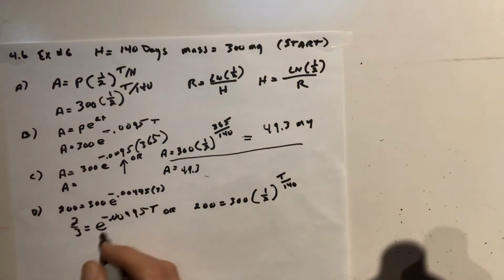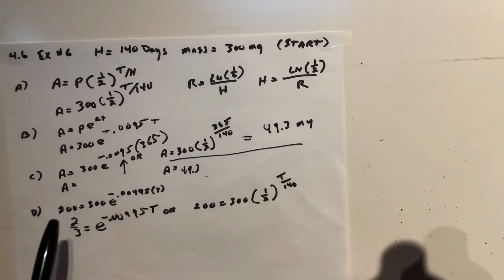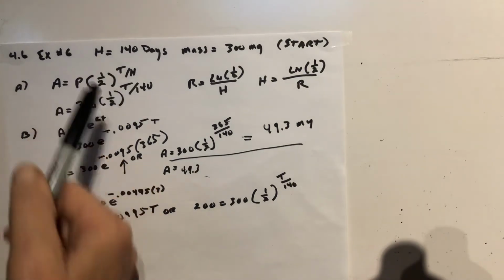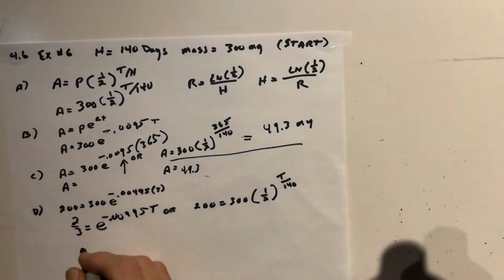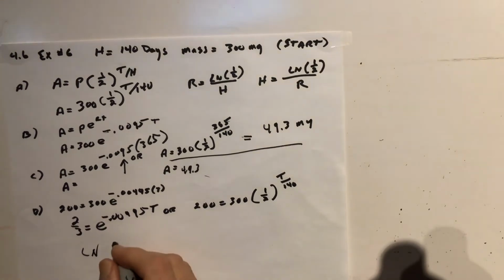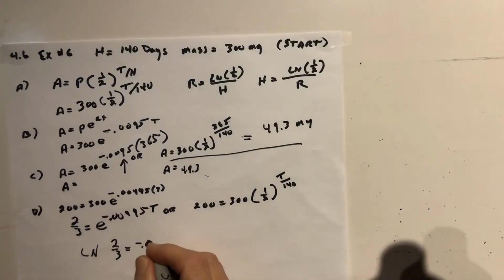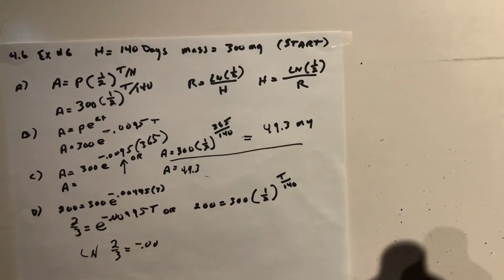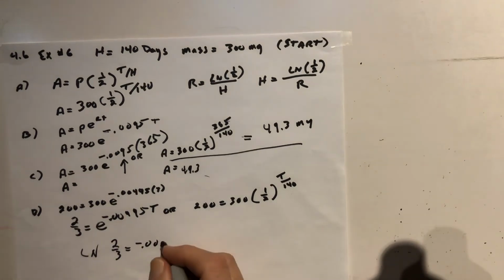Then we have to go to log. Anytime you're solving for one of the exponents like t or h, you have to go to a log. It's base e over here, ln of 2/3 equals negative 0.0095 times t.